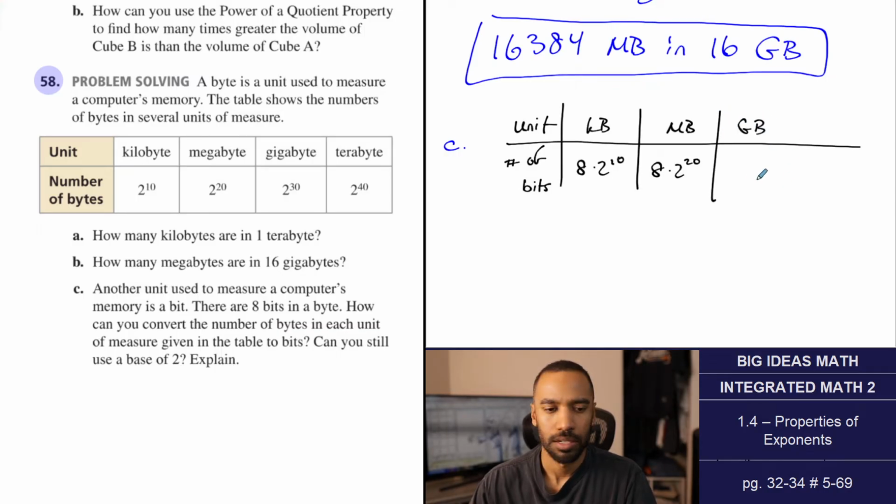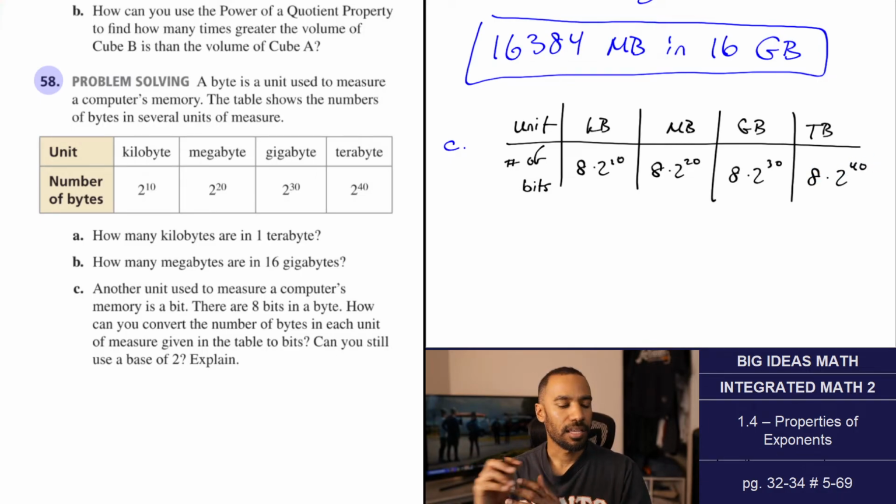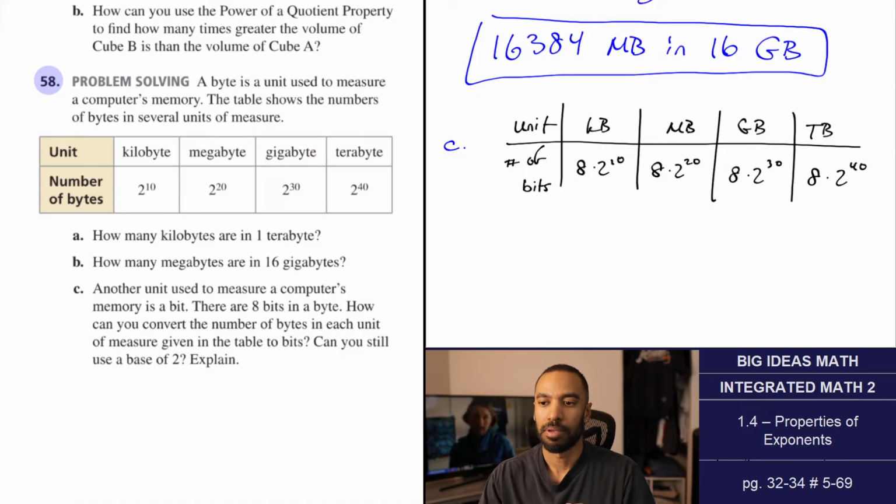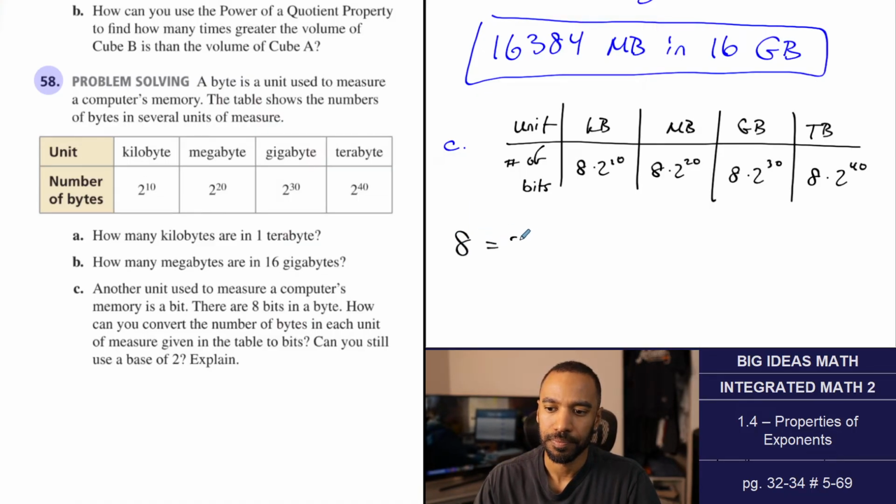Gigabyte will have 8 times 2 to the 30th. And terabyte will have 8 times 2 to the 40th. Okay, they ask you, though, can you still use a base of 2? Yes, because 8 is 2 cubed.